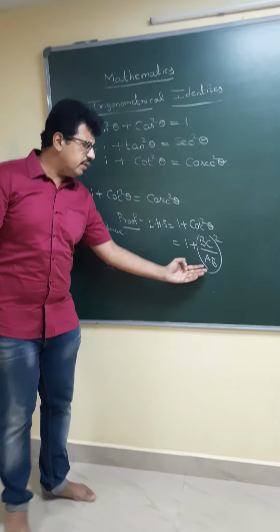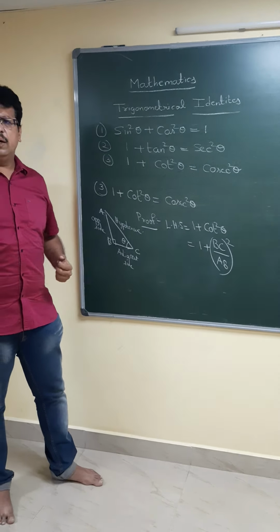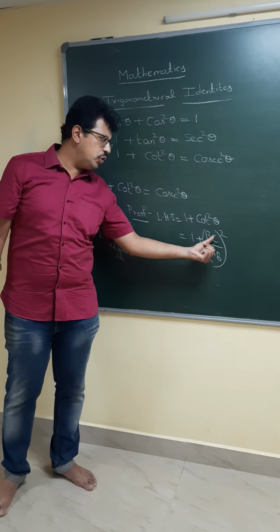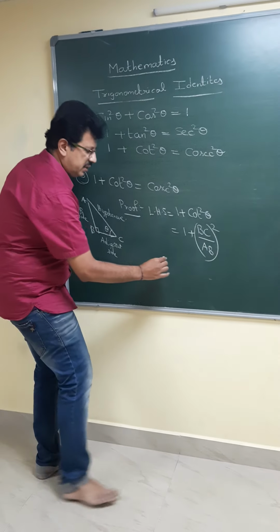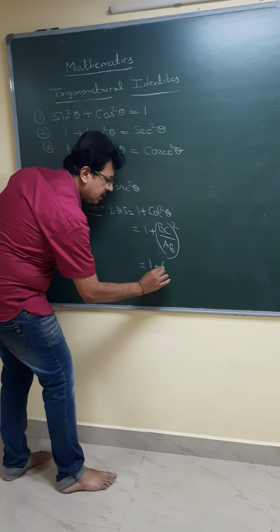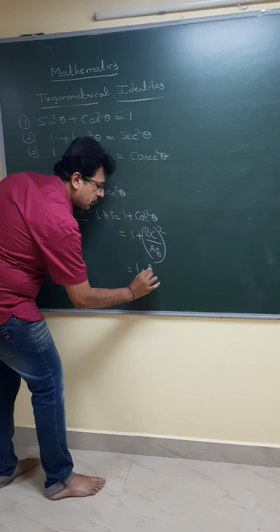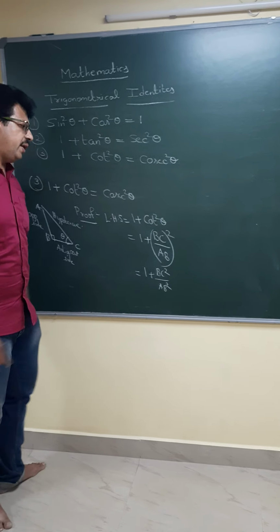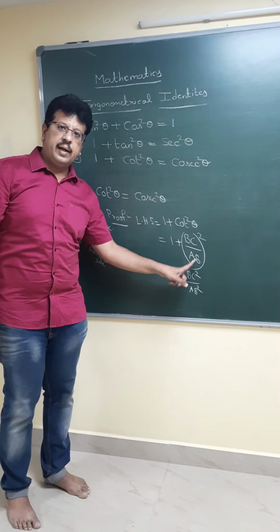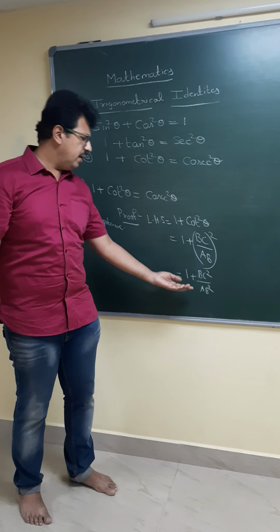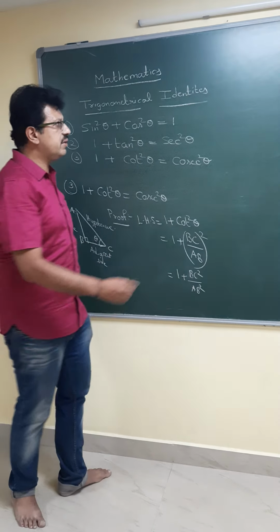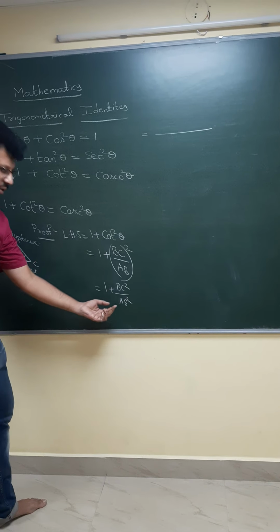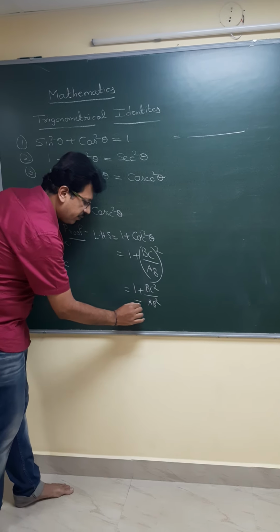After writing this, we need to take the LCM. Before taking the LCM, we need to apply this square to both numerator and denominator. We'll do that first. 1 plus BC square by AB square. So I have taken the square for both numerator and denominator. Now I will take the LCM. What is the LCM here? AB square, because where nothing is there, you should take it as 1.